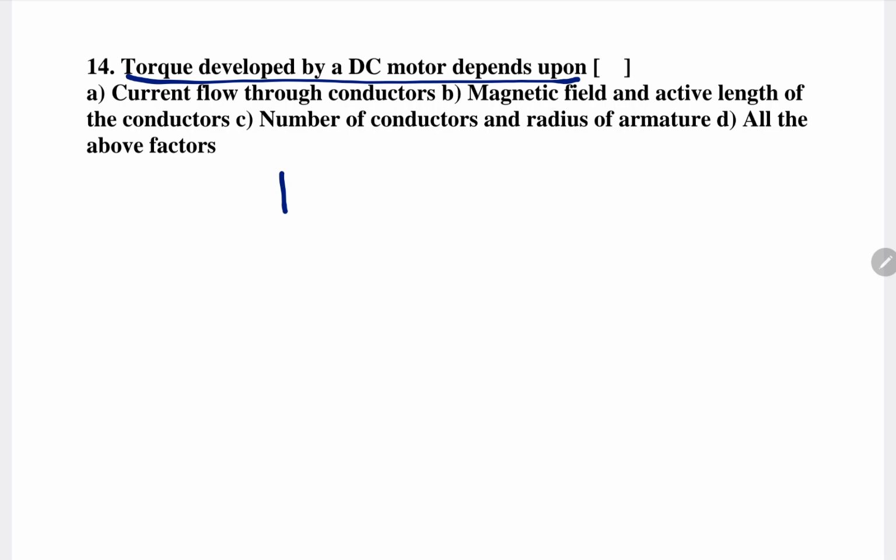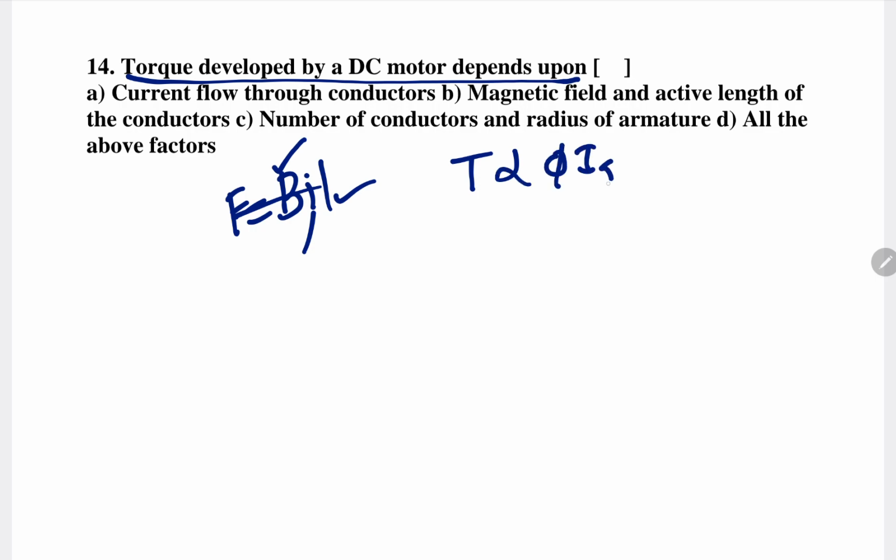The force acting on the conductor is F equals BIL, so it depends upon the flux density, current as well as length. Torque developed by the motor also depends on, T proportional to phi Ia, and T is equal to K into phi Ia. This K value depends upon the number of conductors as well as the radius of the armature. So the answer is D.